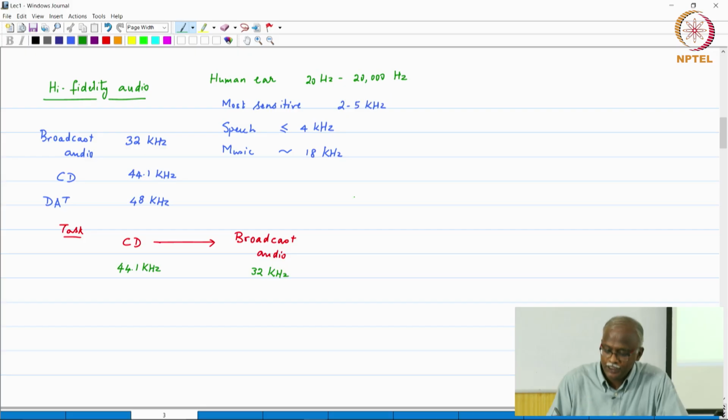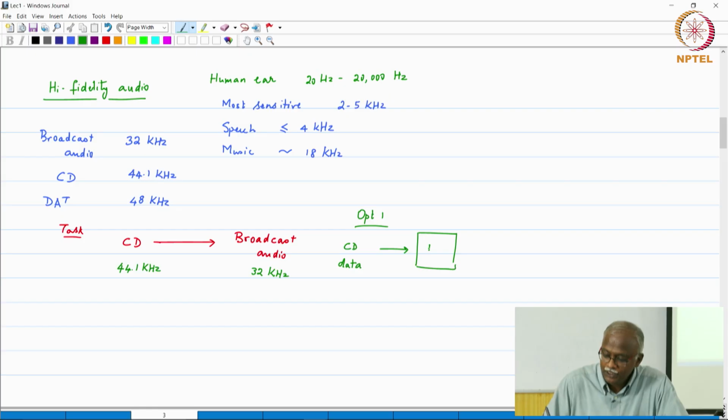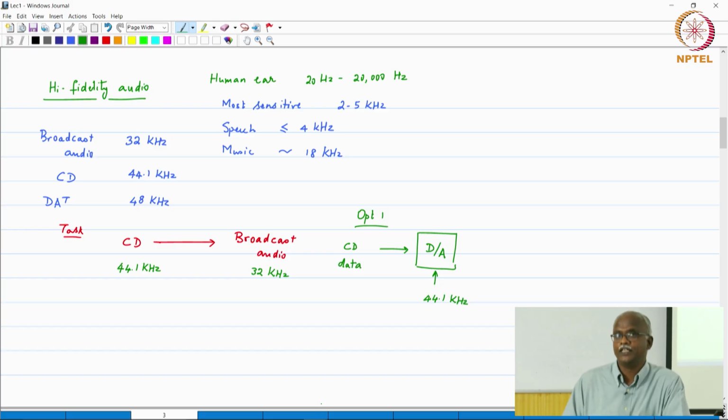Two options for us. One would be the brute force option, let me call it option 1. You take the CD data, you play it back, you basically convert it into an analog signal. That would mean that you pass your data through a D2A converter running at 44.1 kilohertz, so that it can produce the corresponding analog signal.